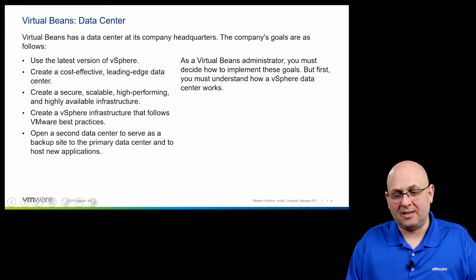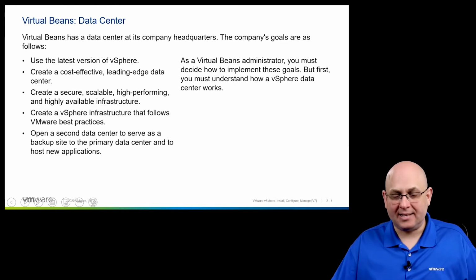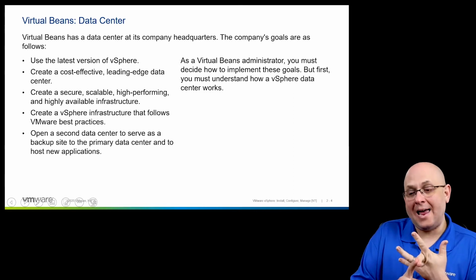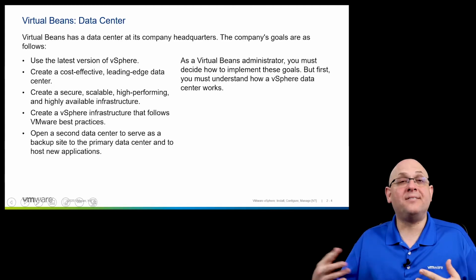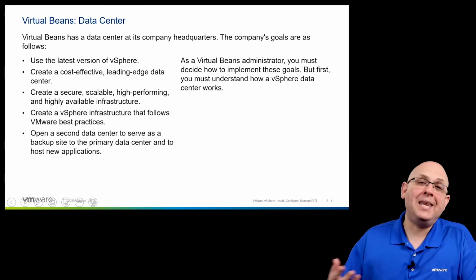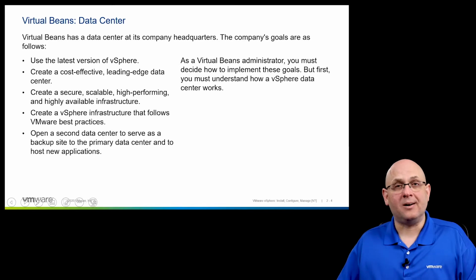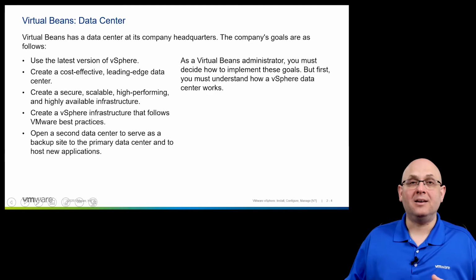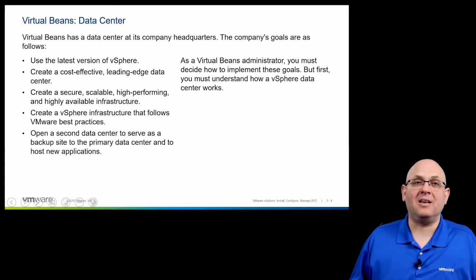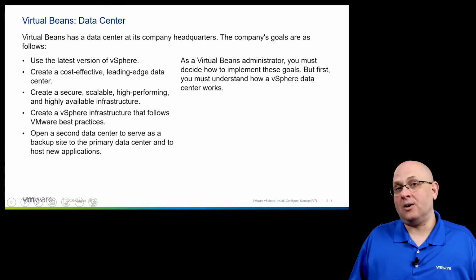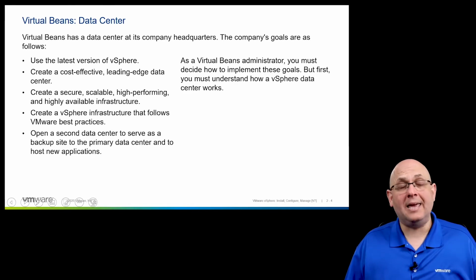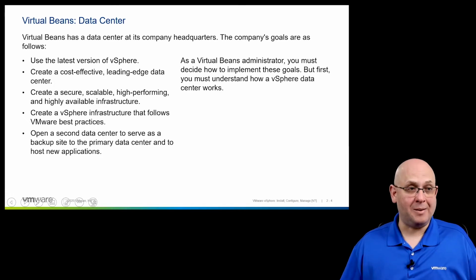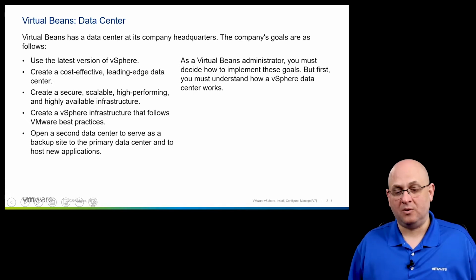We want to build a cost-effective, leading-edge data center that is secure, that's scalable, that's high-performing, and that is highly available, so that we are eliminating things like single points of failure, so that we have the ability to respond automatically to physical hardware failures in the environment, so that we can either eliminate completely or at the very least minimize unplanned downtime that would occur in response to physical failures.